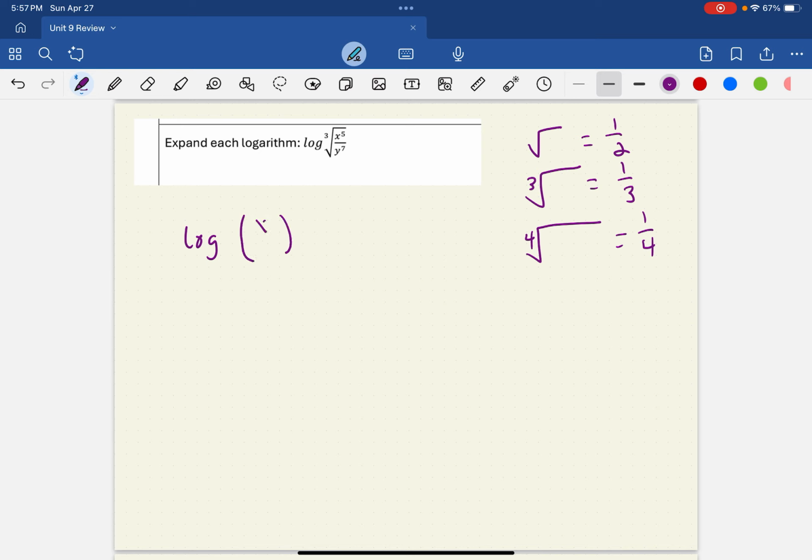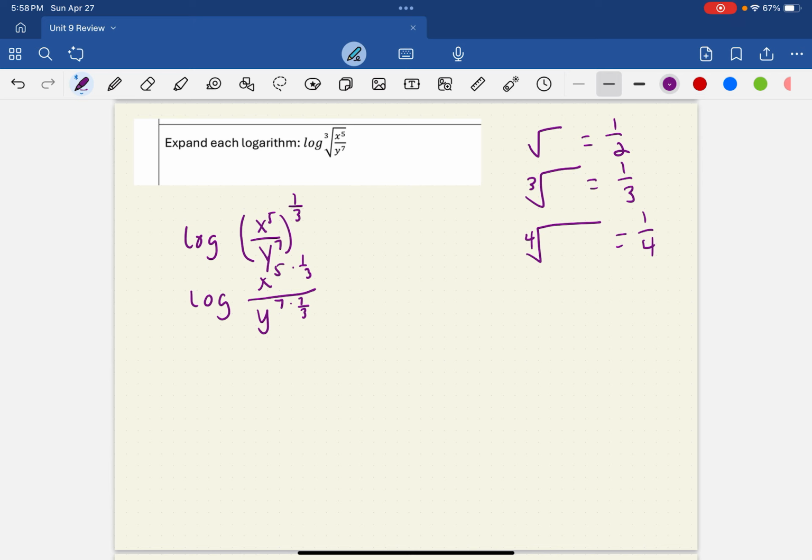I'm going to put x to the 5 over y to the 7 raised to the power of 1/3. Okay, so you can do this multiple ways. I'm going to go ahead and give each exponent a 1/3 by multiplying it. So x to the power of 5 times 1/3, and then y to the power of 7 times 1/3.